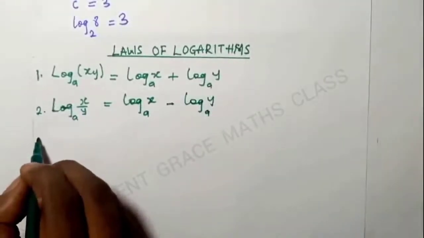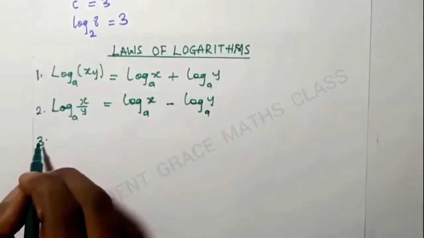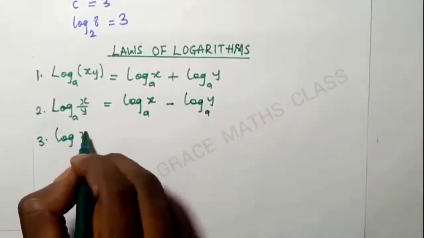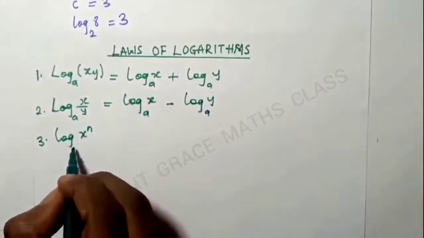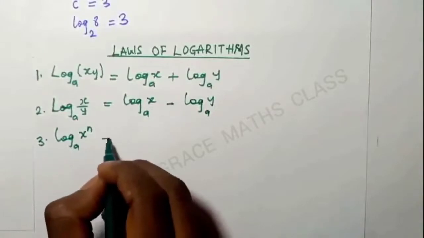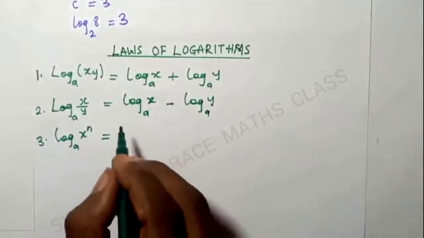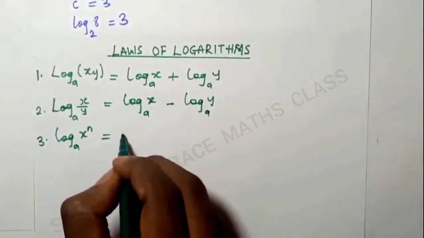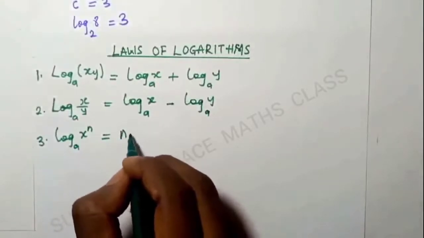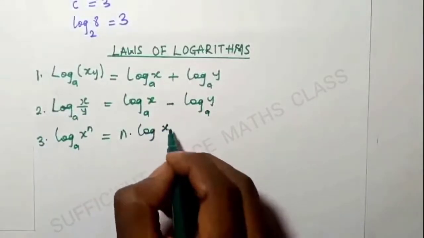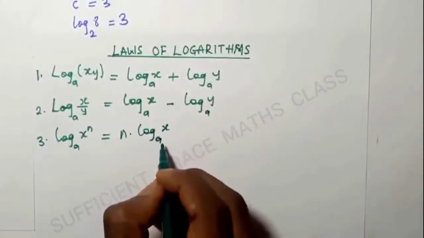Number 3. Log of x raised to power n to base a is the same thing as taking n multiplied by log of x to base a.